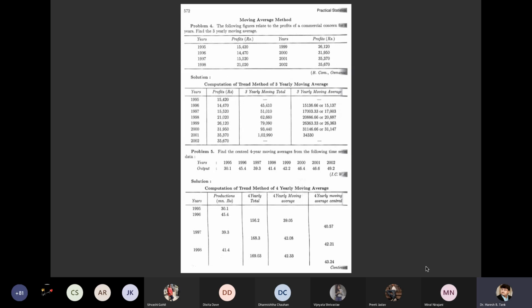So 1995, a blank line, 1996, a blank line, 97, a blank line, and so on. Put a blank line in between each of the years, and accordingly write the output. It is needed because you will come to know while making a sum of it.